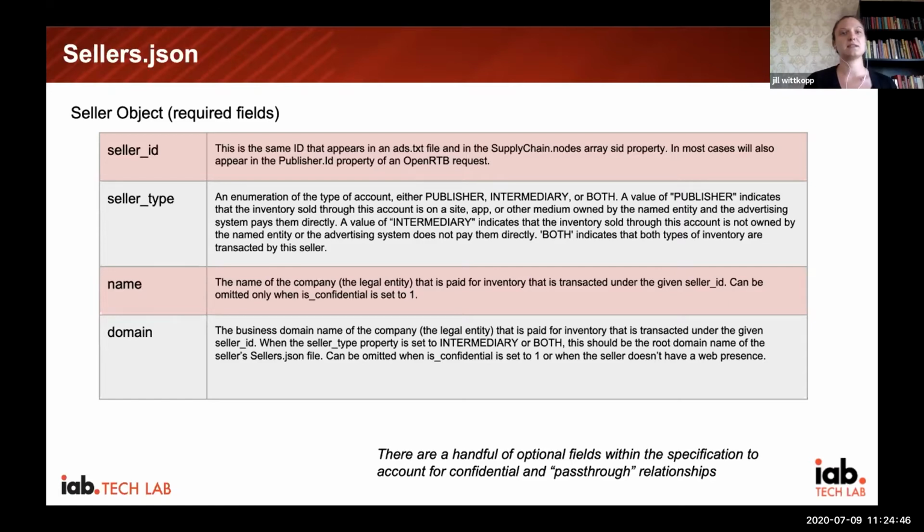If ads.txt is the seller posting their advertising system partners, their selling partners, sellers.json is posting resellers and direct publisher relationships. So it's helping us to see transparently the entire potential flow of a potential bid request. Next slide, please.